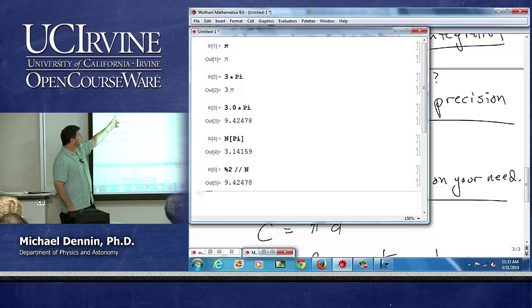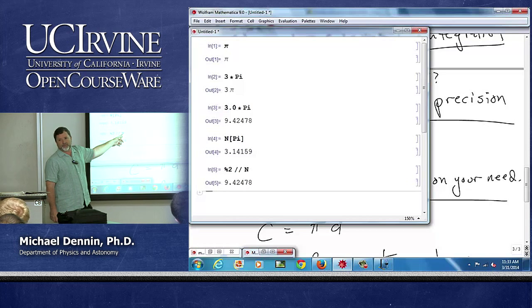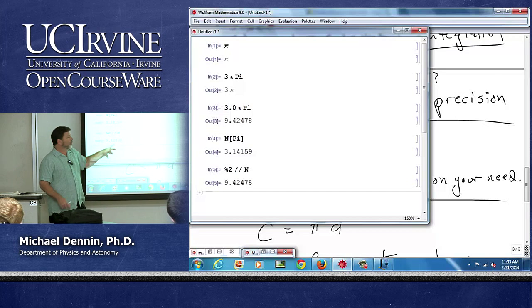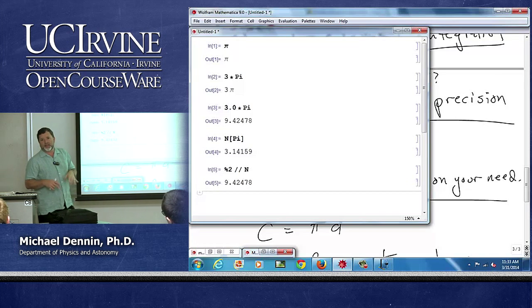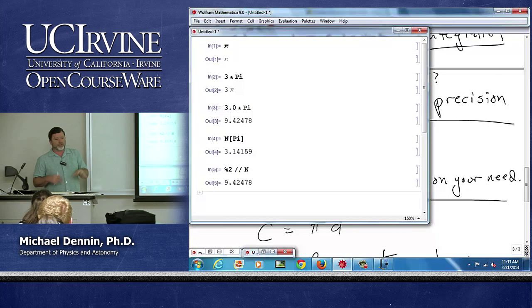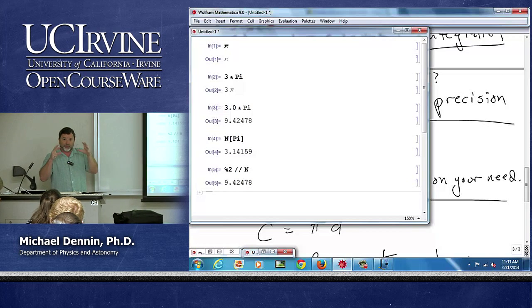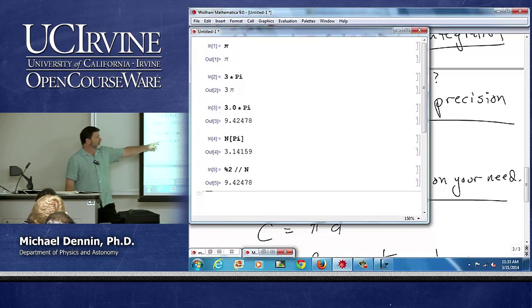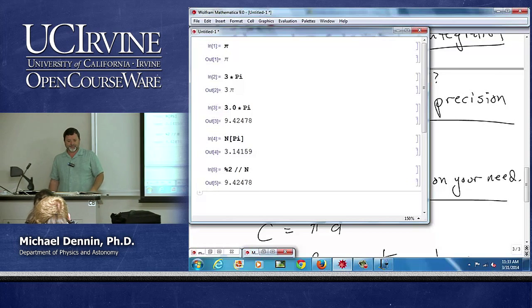Say you wanted to make it numerical but forgot; you can do it after the fact without going back and retyping, with a //. This works really well with things like Simplify, Expand, Series. There are a lot of functions for manipulating how things look, where you think you're going to get a nice answer, you don't, and you want to manipulate it to make it nicer. Then you just do // on it.